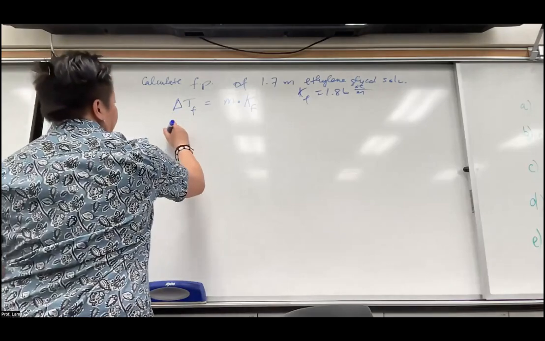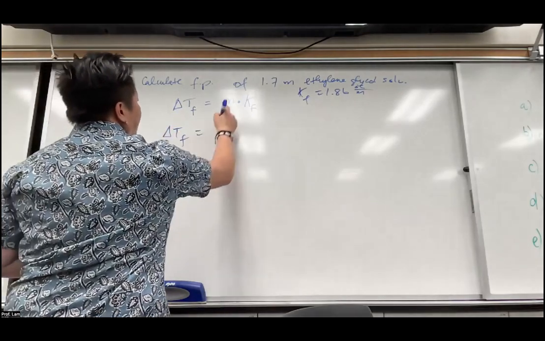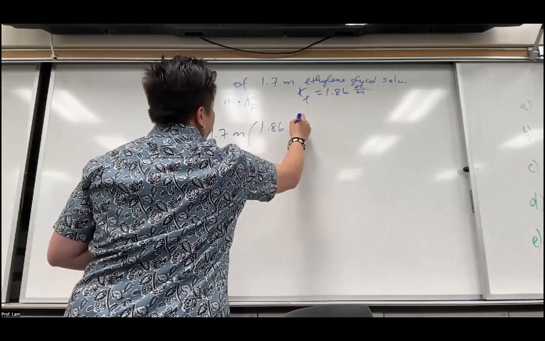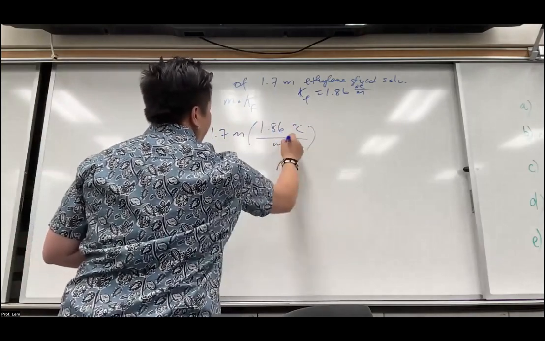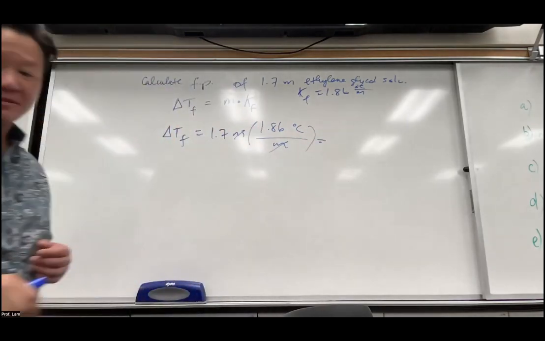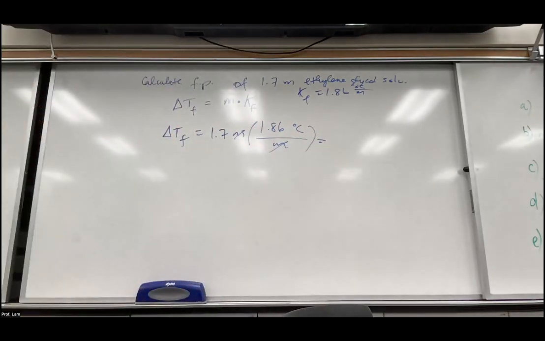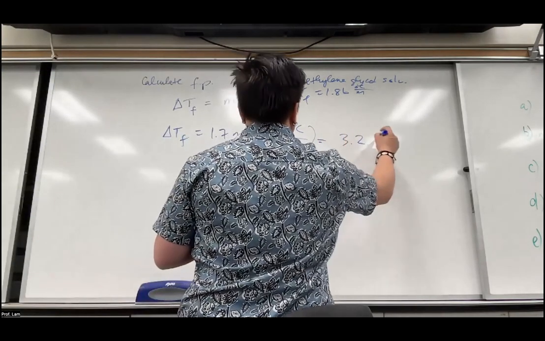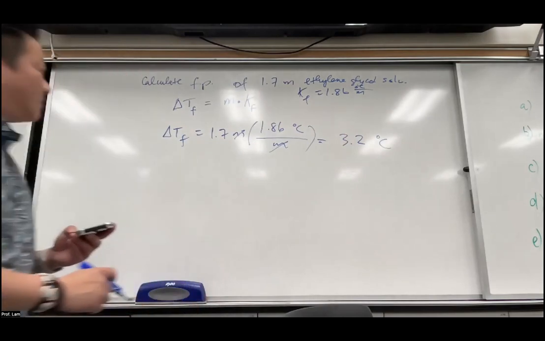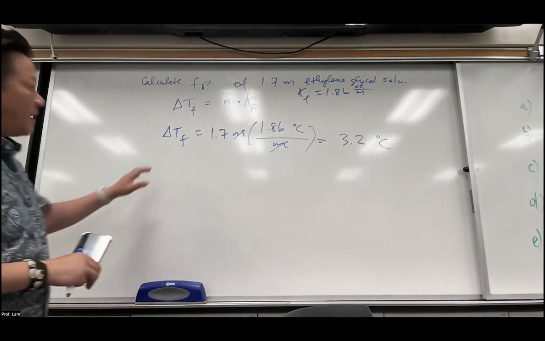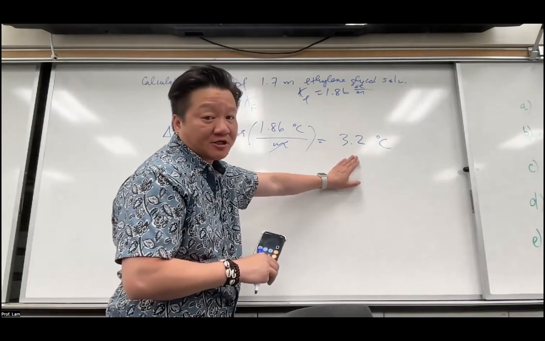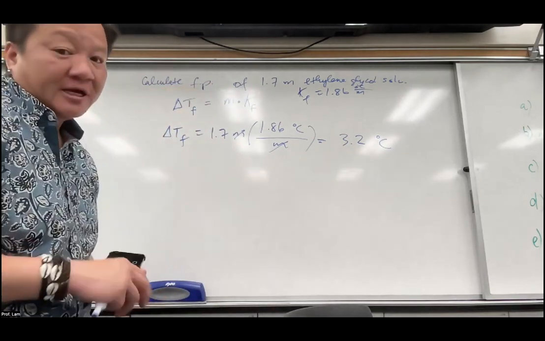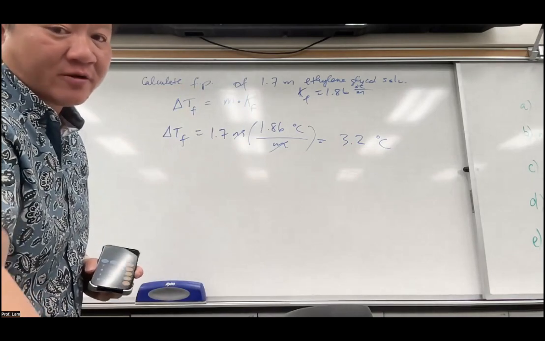Okay, so delta TF is equal to molality, which is 1.7 molal, times 1.86 degrees Celsius per molal. Molal cancels. 3.2 degrees Celsius. Okay, so right here is not the answer yet because this just tells you the shift. What it's asking for is to calculate the new freezing point. So you have to ask yourself, what is the freezing point of pure water?